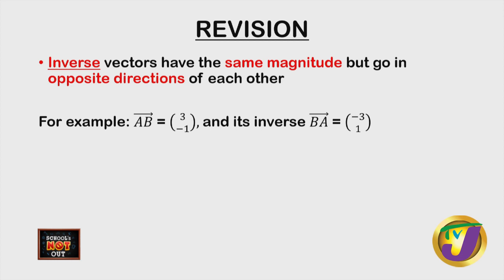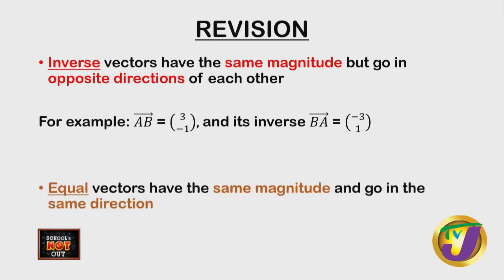Please note that our +3 from our first vector becomes -3 in vector BA. And if we look at vector AB, we have -1 in our y position, and its inverse, vector BA, has a +1 in that position.